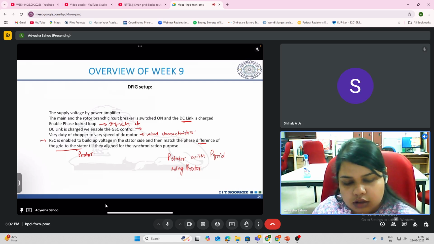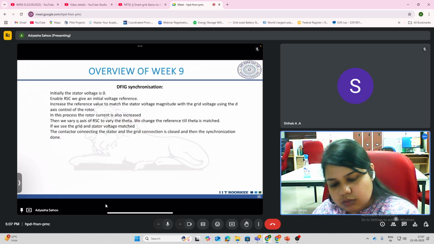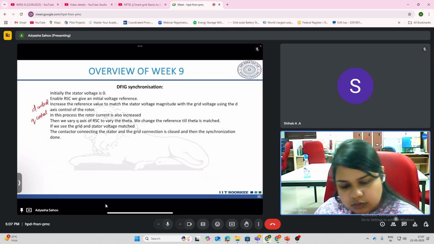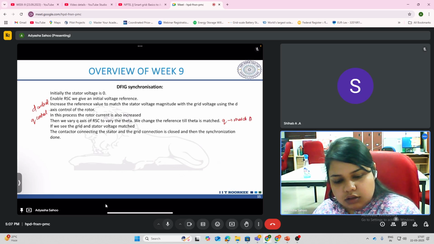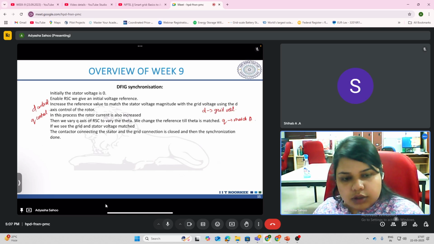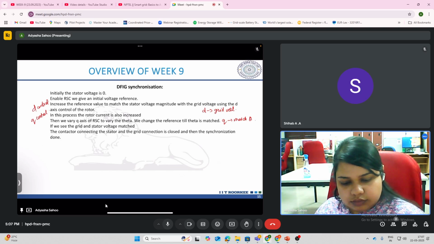In that process, both the D control and the Q control are done. So the Q control will match the theta, and then the D is matching the grid voltage. And once both these are matched, we can say that the synchronization can be done.